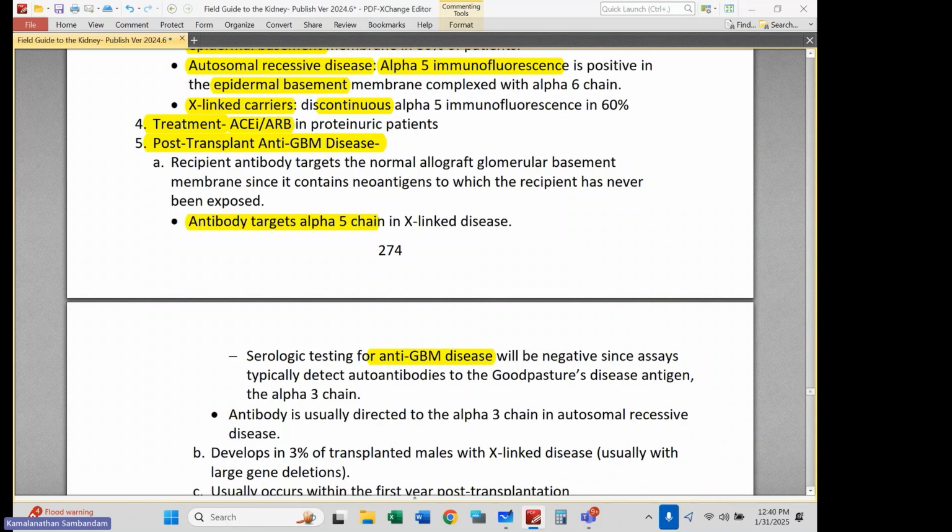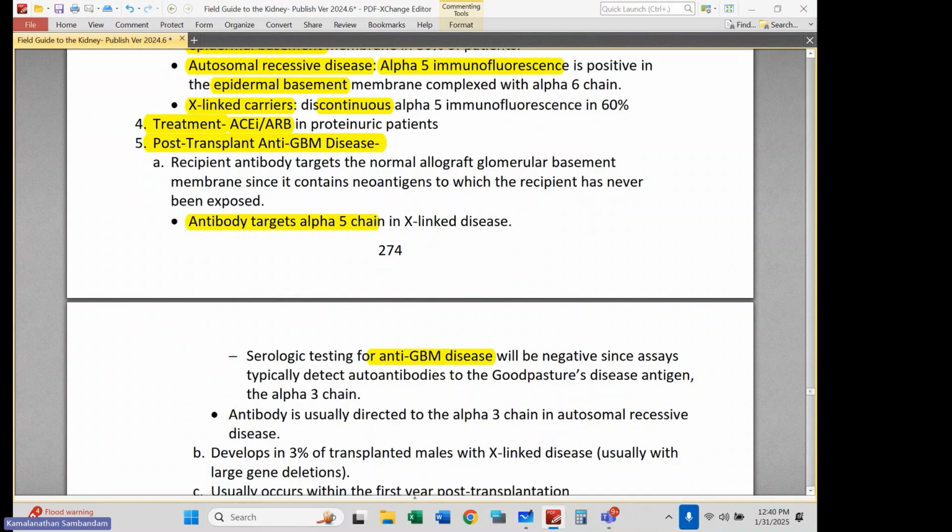Of course, also, you would make the diagnosis based on the biopsy that you did on the patient, right? What else could it be if the patient had underlying Alport? You do a biopsy, you see crescentic GN. What are you going to see on immunofluorescence in that patient? Sophie, what do you think you'll see? Say you did a biopsy on a transplant patient who has post-transplant anti-GBM disease. They have crescentic GN on light microscopy.